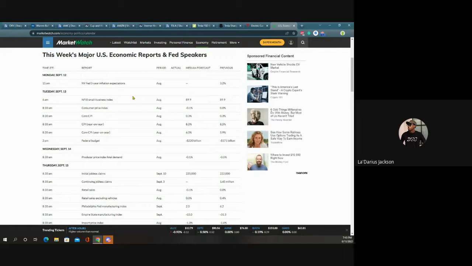The reason we could see a rally with this consumer price index is that it's another tool the Fed, aka Jerome Powell and his buddies, use to gauge how big of an interest rate increase they will want to do. For the last, I want to say 2 months, they did a 0.75, which was some of the largest in history, and they're looking at doing another 0.75.